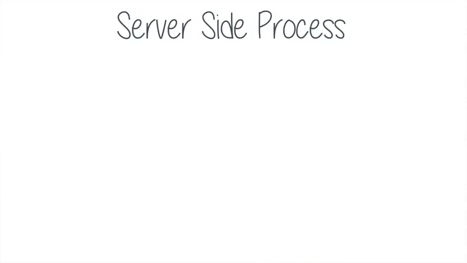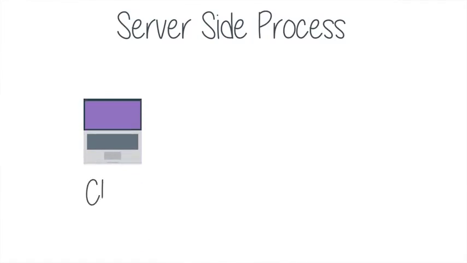Here is the server-side process illustrated for you. So this is our server-side process. We're going to start with a computer here, and then from this computer, we're going to send out a request.